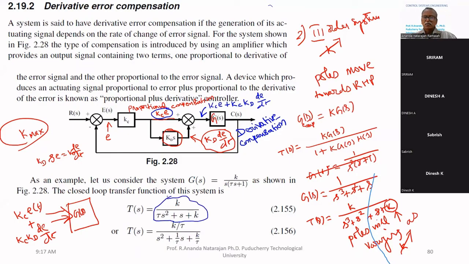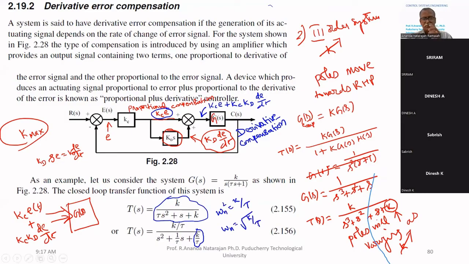This is the original system: K upon tau s square plus s plus K. What is the omega n of that system? Omega n square equal to K by tau. Therefore, omega n equal to square root of K by tau.